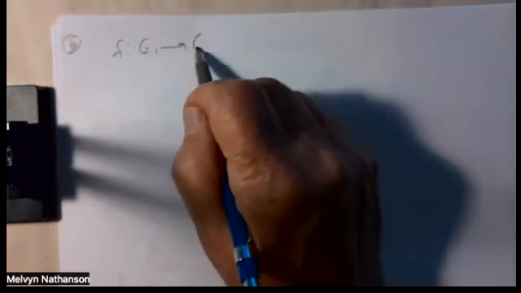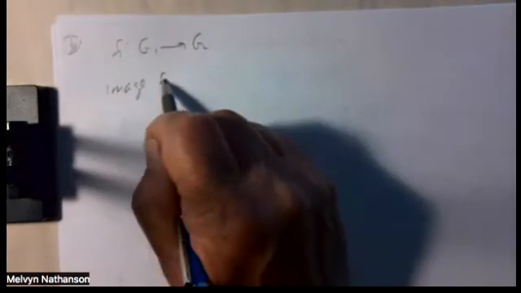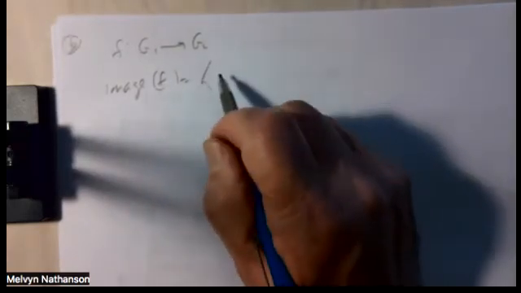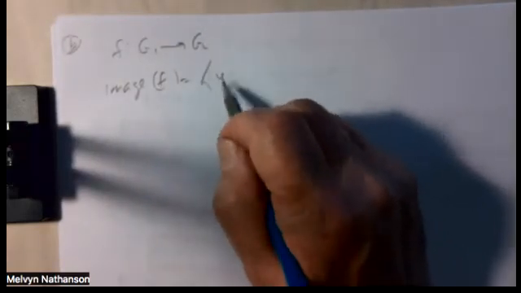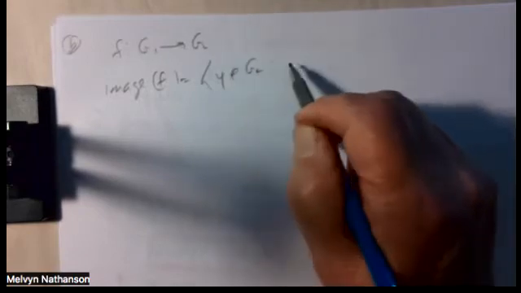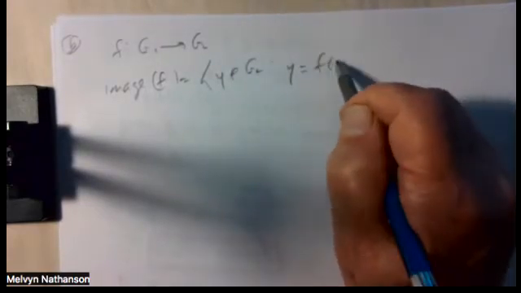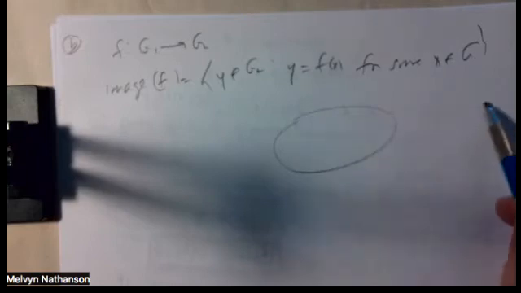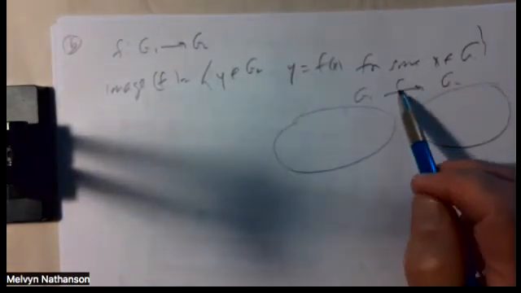What is the image? Whenever you have a function from one set to another, whether they're groups or not, the image of f is the set of all elements y in G2 such that y equals f of x for some x in G1. The picture you should always have is here's G1, here's G2, there's some map f between them.